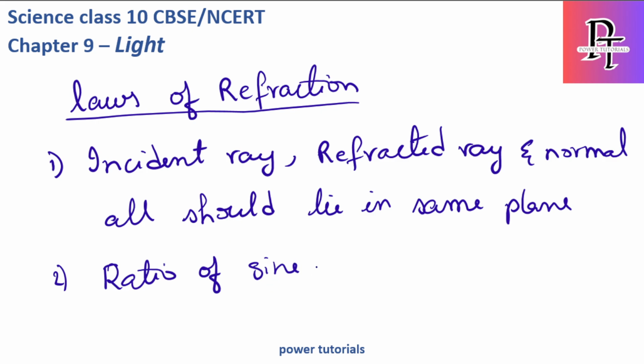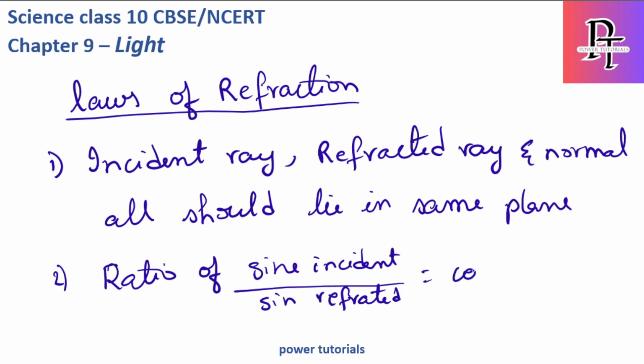So what it says is that the ratio of the sine of the incident angle to the sine of the refracted angle with respect to the normal is constant. And what is also important is that it is constant for light of a given color and a given pair of media.